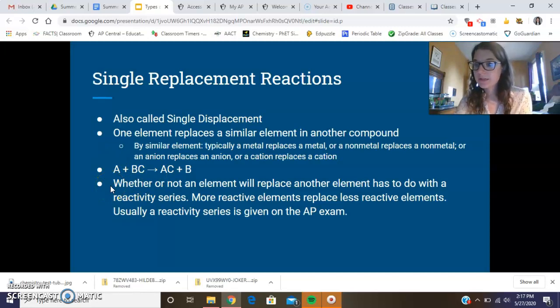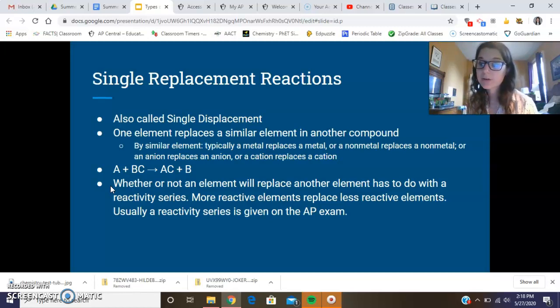You can also consider it in terms of ions. So if we have two anions in the equation, or an element that would form an anion in the equation, it's going to replace the anion in the ionic compound, and a cation would replace the cation. Whether or not a replacement will occur has to do with reactivity of the elements.